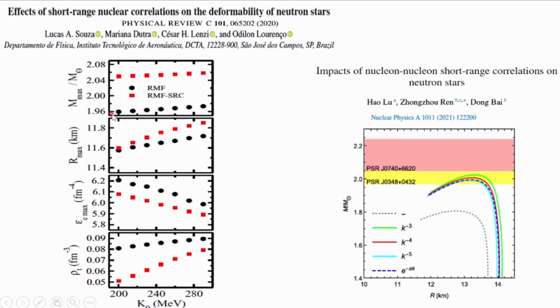For instance, if you look at the maximum mass, this is the one with short-range correlation, and this is without, as a function of the incompressibility of symmetric nuclear matter. You have a significant increase in the maximum mass of neutron stars that you can support. And this difference, from 1.96 to 2.04 or so, is significant.